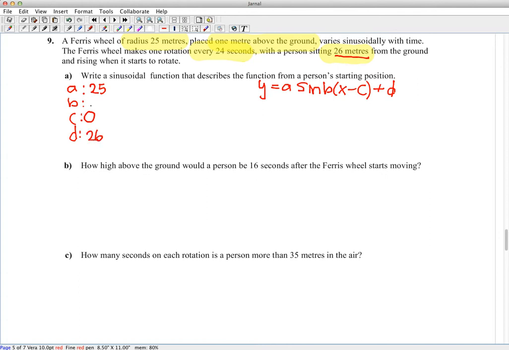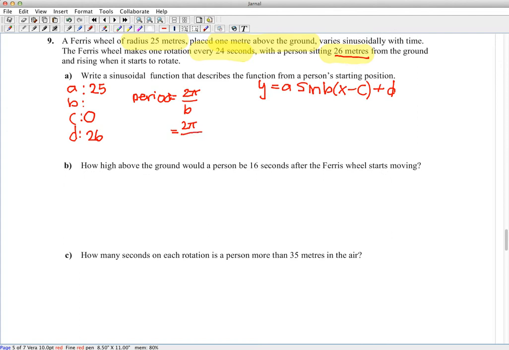And then to find the B, which is part of the period, the period equals 2 pi over B, which we can solve to be 2 pi over the period. And we know that one rotation, which is the information we need to find the period, is 24 seconds.